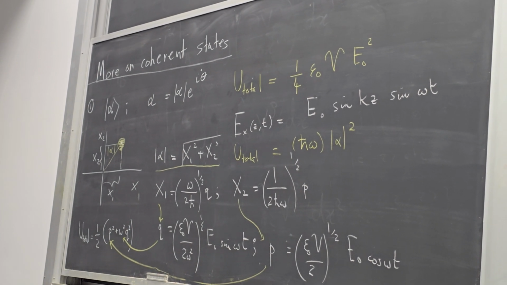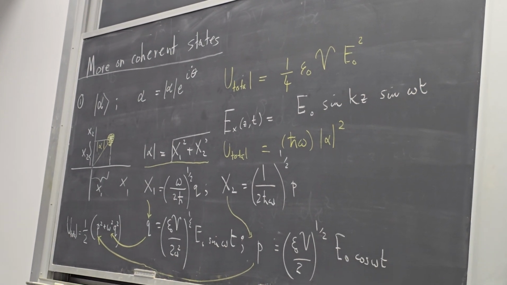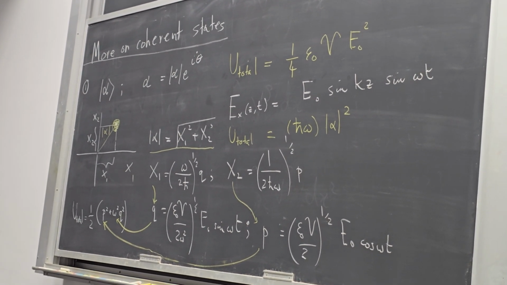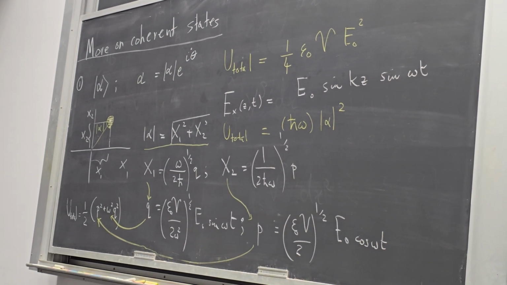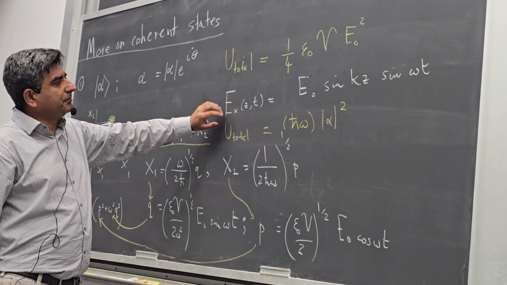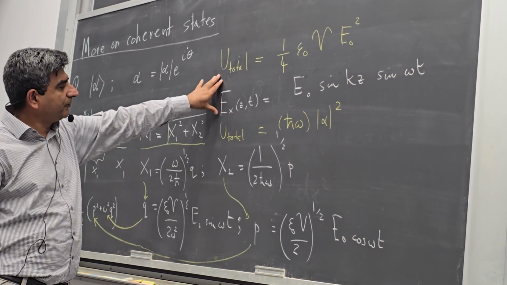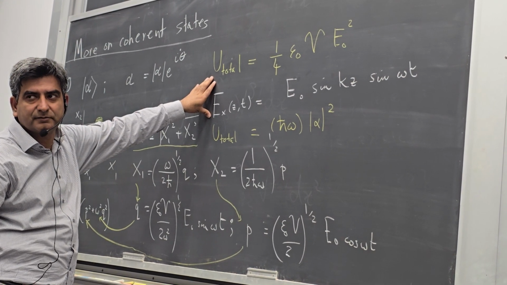Okay? So this is the algebra for you to do on your own, which really shows us that these two derivations for the total energy must yield the same results. Okay?